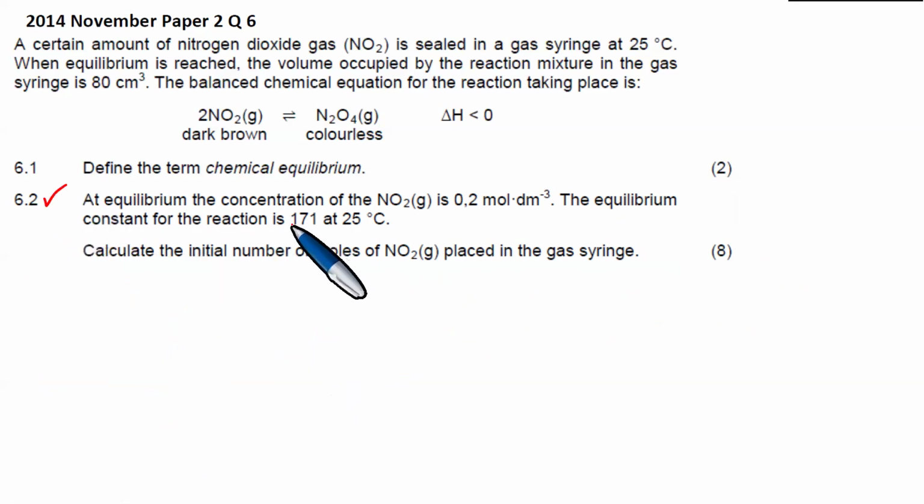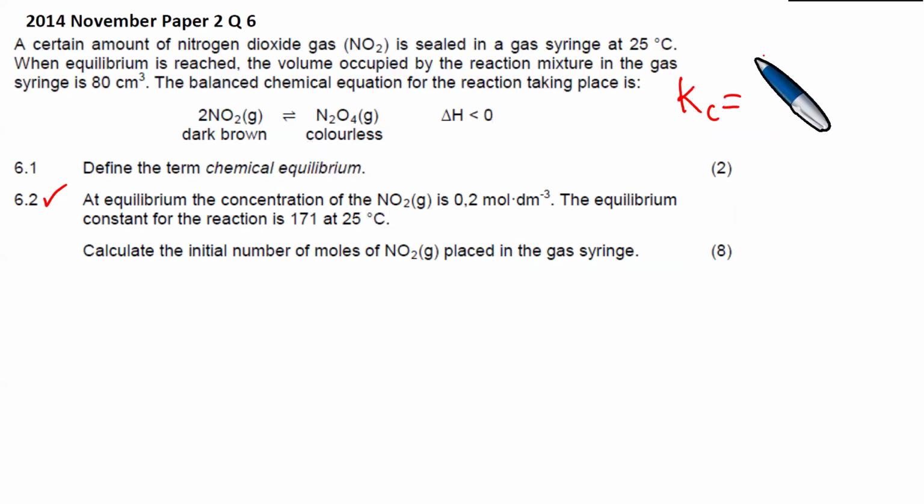At this point, there are a couple of things that are very important to us. What do we need? We need to calculate the initial number of moles here. And to calculate the initial number of moles, what do we do precisely at this point? What is the Kc expression for this particular reaction?